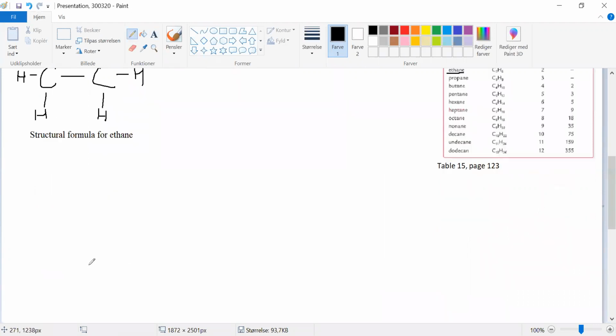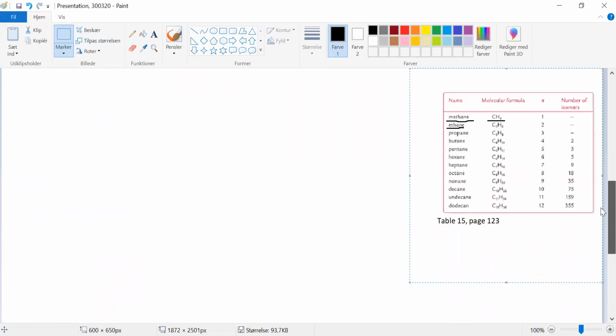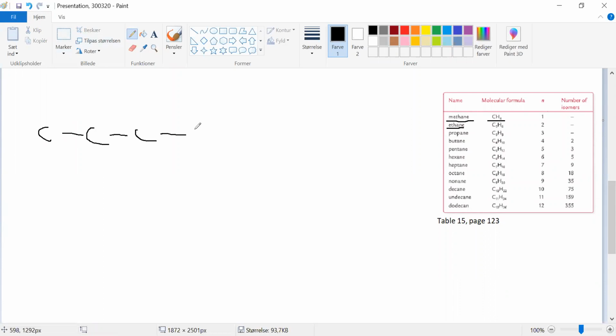And if I, for example, draw a structure here, that's a carbon there, and I have a lot of hydrogens bonded to it.